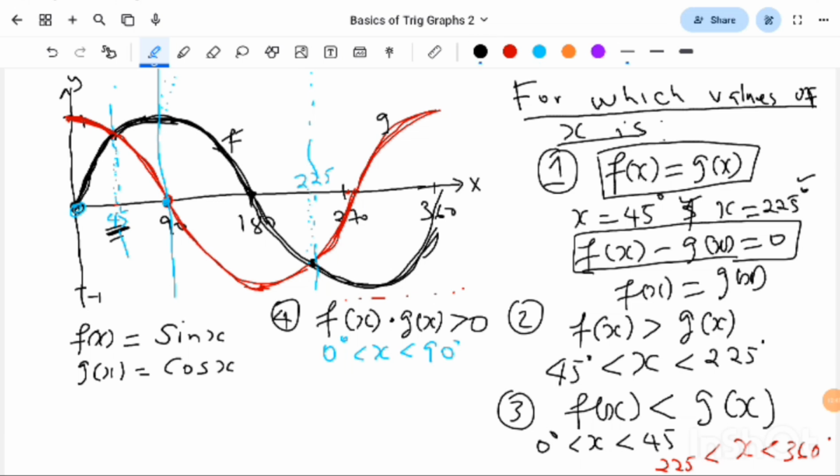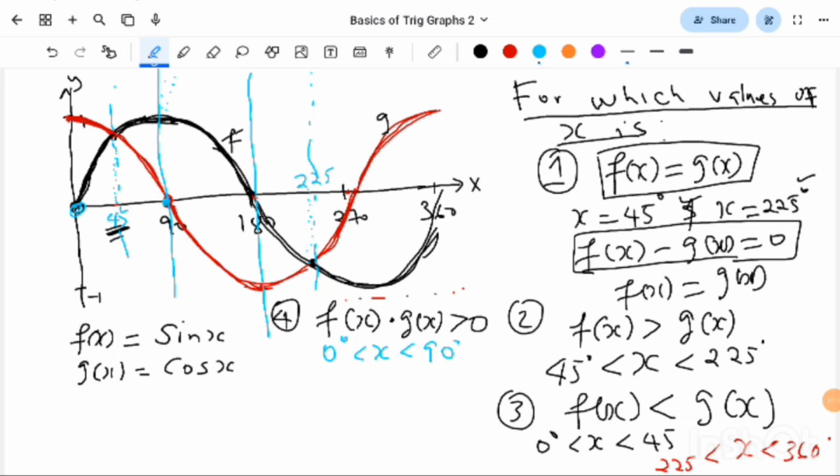So what happens after 90 degrees? After 90 degrees, you have this one is below, this one is below, but the other one is still above. Now when you come to 180, I'll draw a line here at 180.